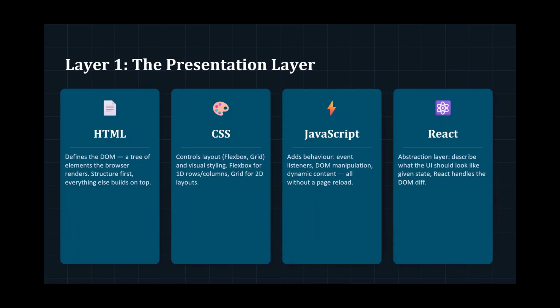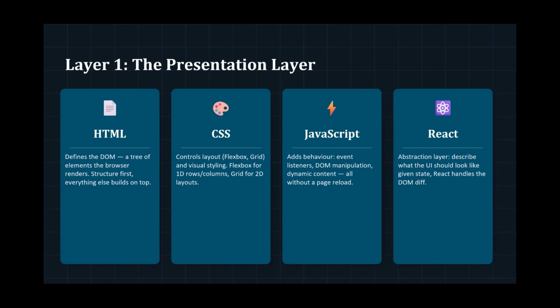Coming to the presentation layer, starting at the front, HTML gives the browser a document, which is a Document Object Model tree of elements the user sees and interacts with. And CSS controls layout. We use Flexbox and Grid to organize that tree visually.